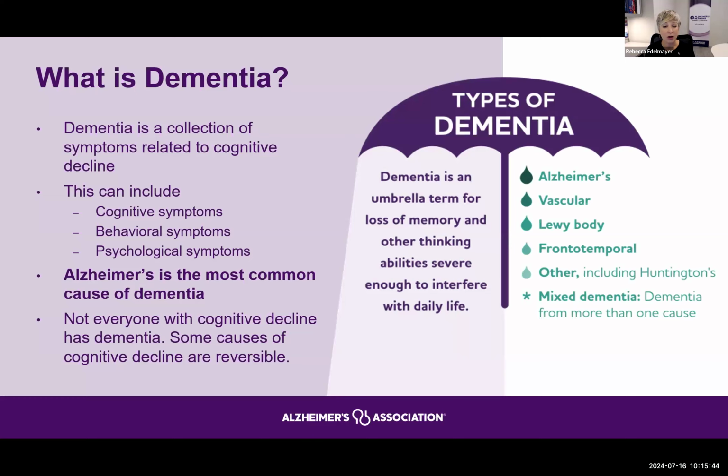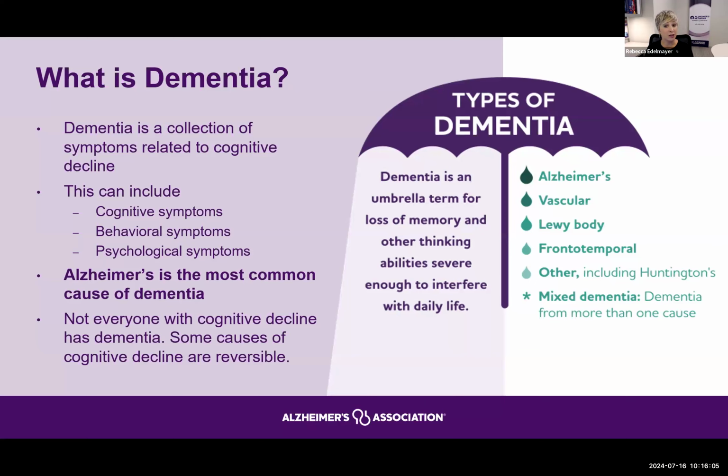So dementia is a collection of symptoms related to cognitive, behavioral and psychological decline. But they're driven by biological changes happening in the brain, which means they're driven by diseases. Alzheimer's disease happens to be the most common cause of the symptoms of dementia.